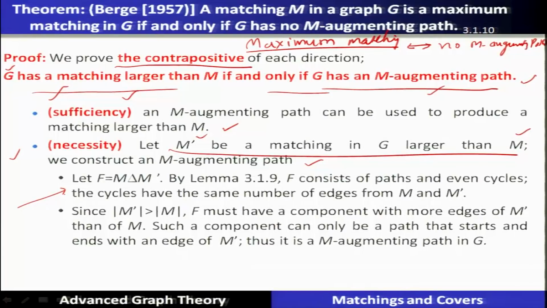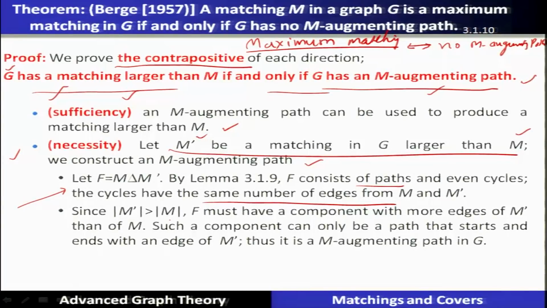Now, since cycles have the same number of edges from M and M prime, for a cycle the number of edges from M and M prime is equal. So, we have to see another component, that is a path.